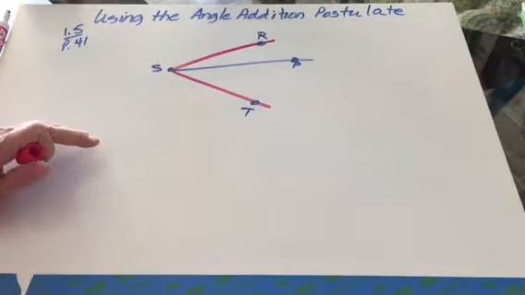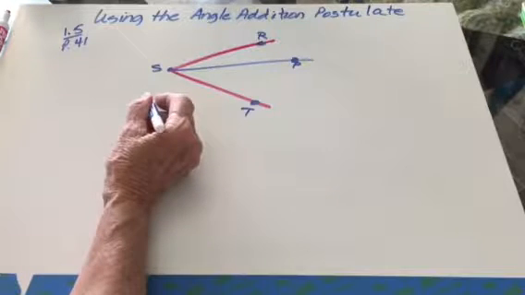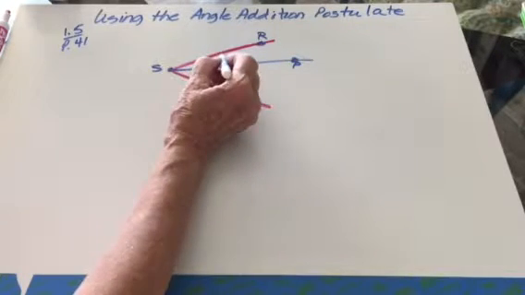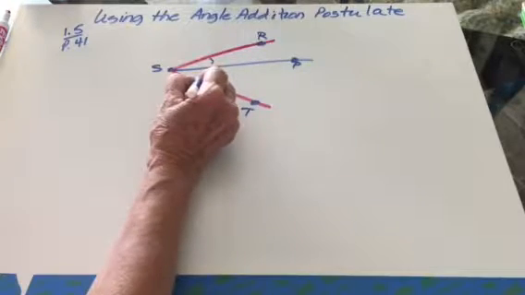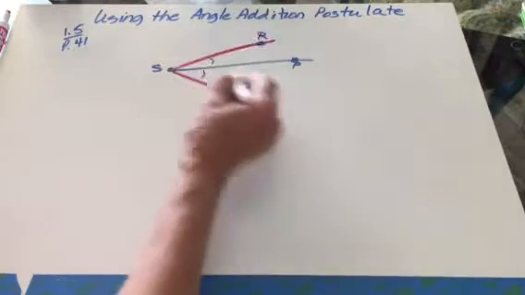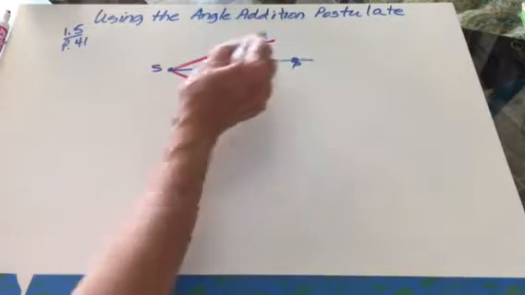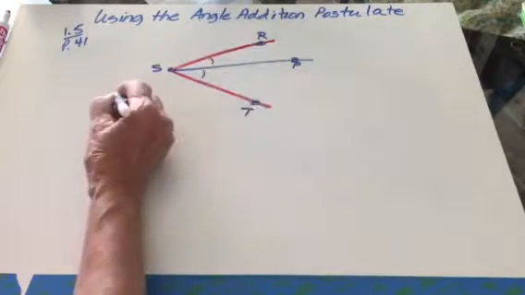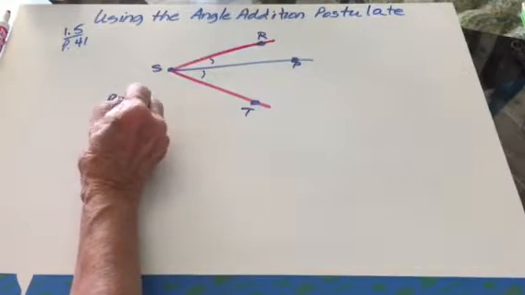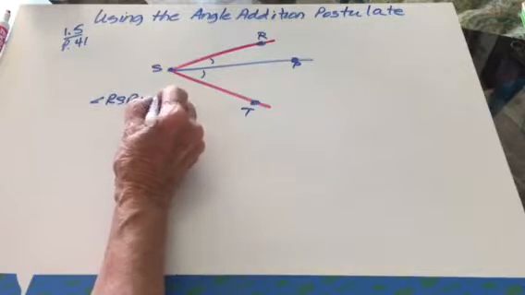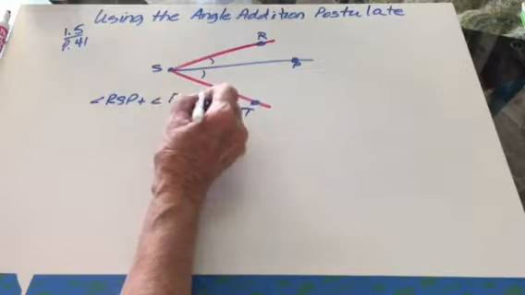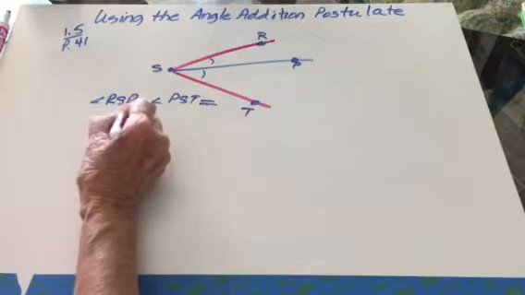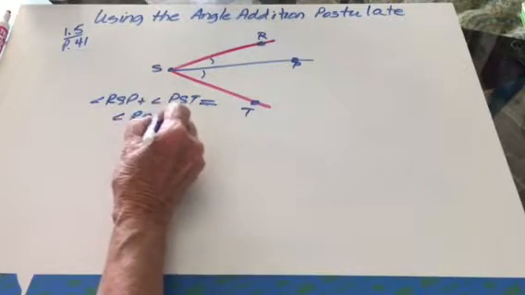The angle addition postulate says that if I add this little guy here plus this little guy here, it's going to equal the great big angle by itself. So it says that angle RSP plus angle PST is going to equal angle RST.